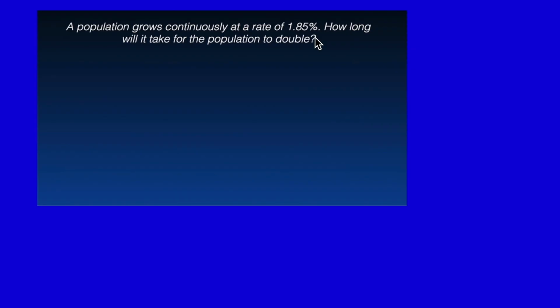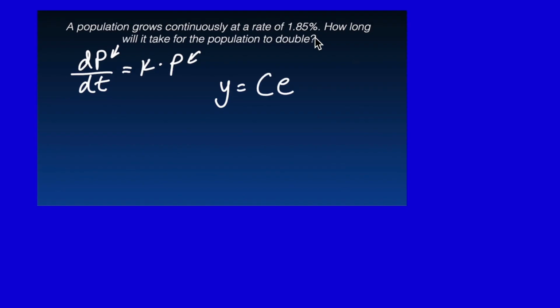Because this is a standard problem, where it's just going to be directly proportional to the population, we can jump right to this formula: y is going to equal c e to the kt. Now we know the k, so it's going to be c e to the 1.85%.